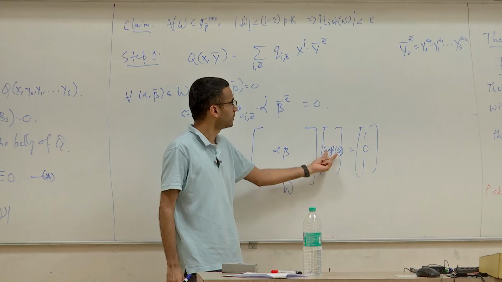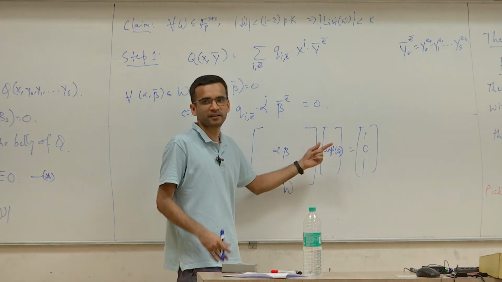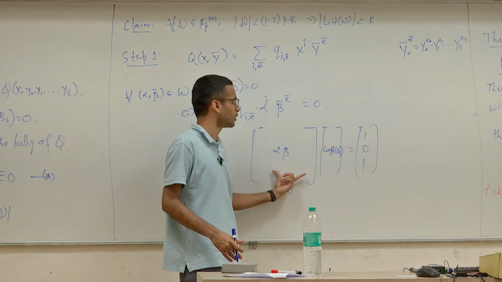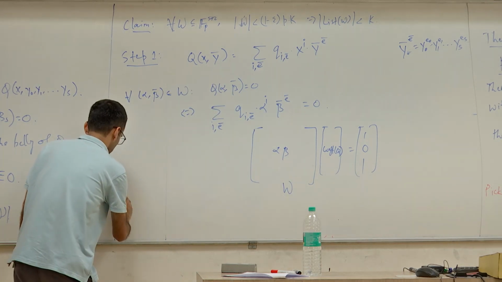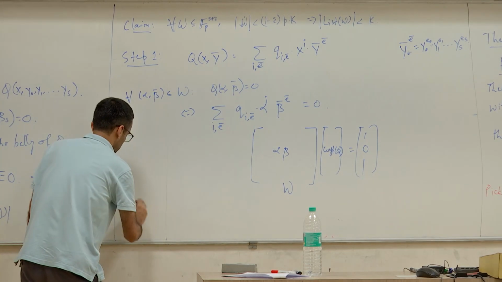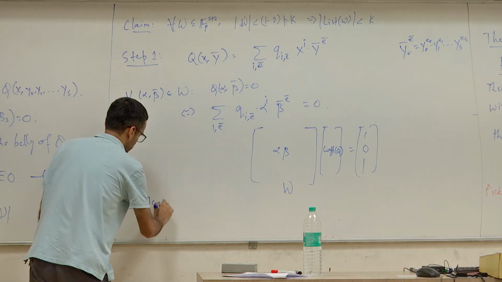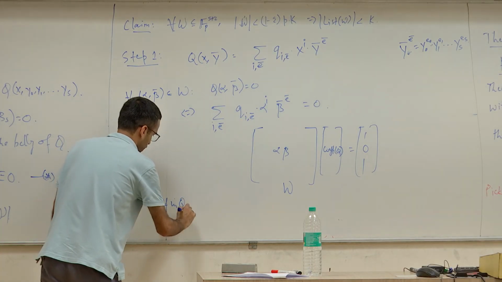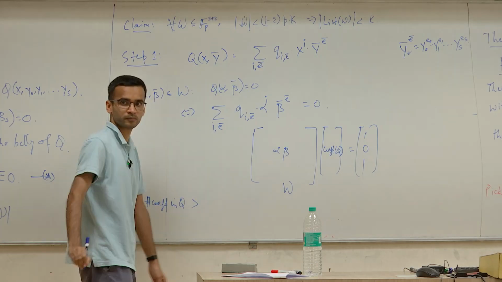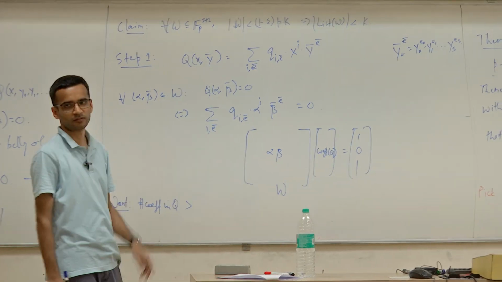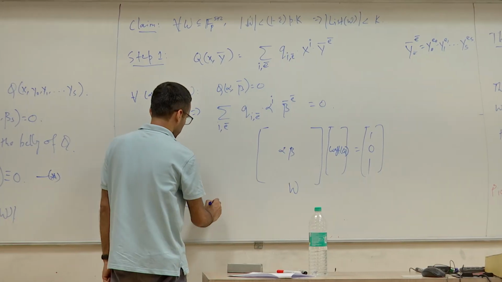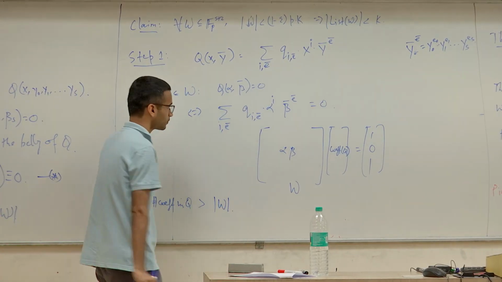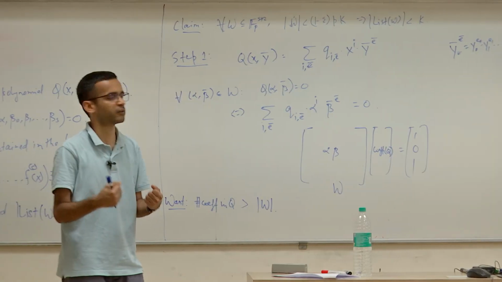So we want the number of coefficients in Q to be larger than the number of constraints we are imposing. So the number of coefficients, we want this to be larger than the size of W. So these two requirements are in tension with each other.